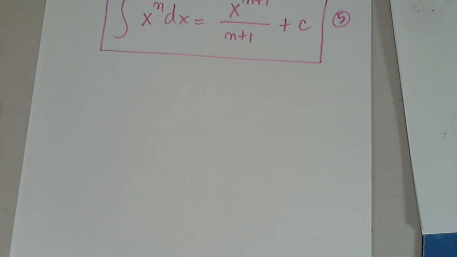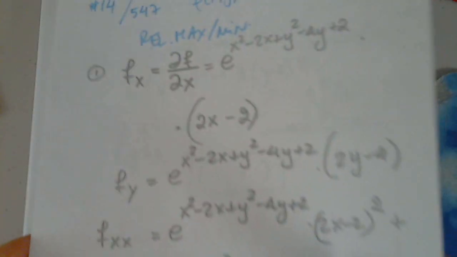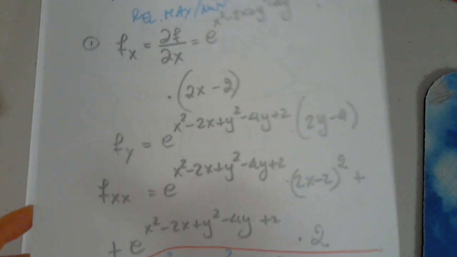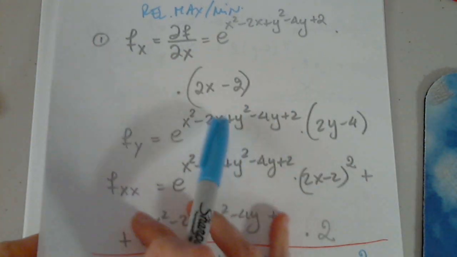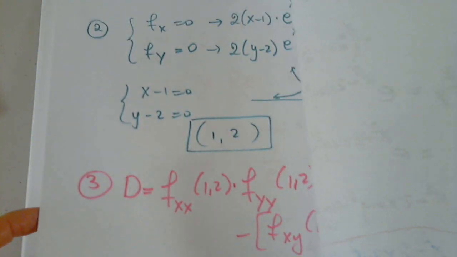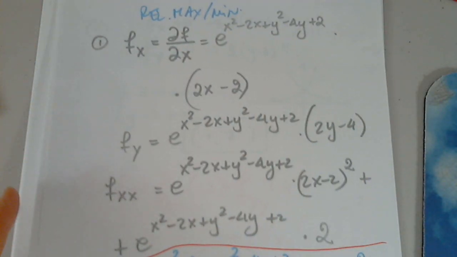Which part is not clear from this process? Maybe I should address that first before we choose another problem. Which part is not clear from the D-test? Is it fx? Is it fy? Is it fxx? Is it a system? Which part is not 100%?